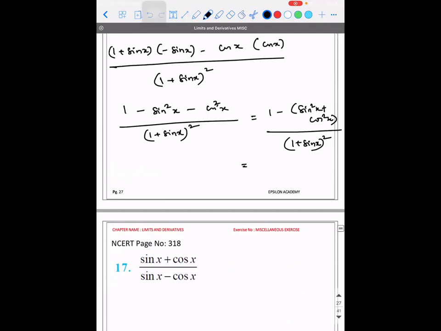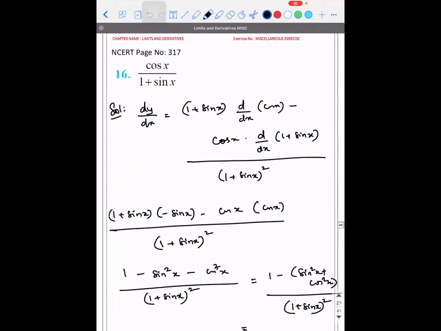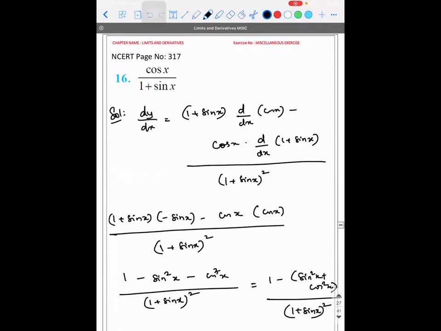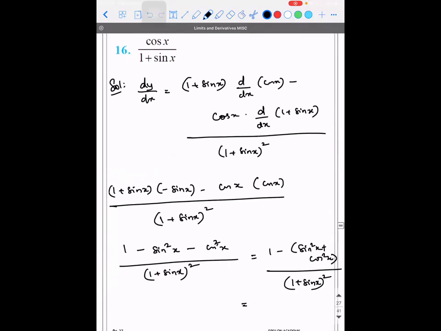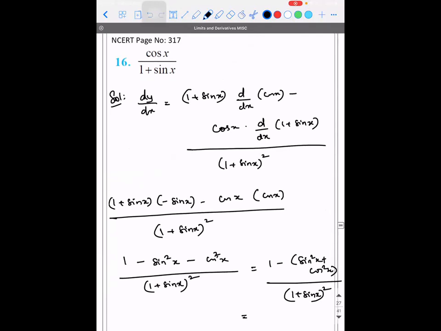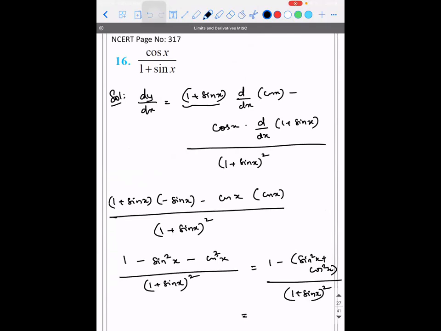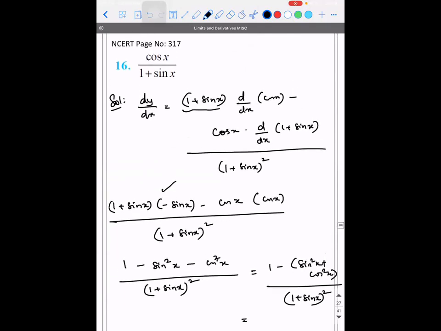I have a doubt, sir. Won't it be minus sin x minus sin square x? Where? In the second or third step. Minus sin x will multiply with 1, right, sir? Yes, sir.